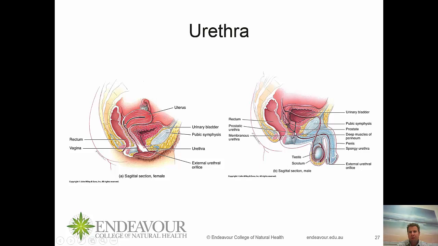Okay, so there's our bladder in the male, has to come down the prostatic urethra, through the membranous urethra, and then down the spongy urethra. Females, relatively short, travels from the urethral orifice here up into the bladder.